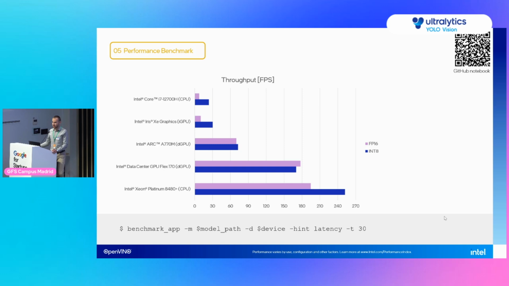So for example, if you provide an Int8 model for a discrete GPU, which is the best for floating point operations, the precision will be automatically converted. It won't give you an error saying it can't run Int8 because it doesn't know how. It will be automatically converted to floating point 16. That's why we cannot see any difference here, because all of them, Int8 or floating point 16, run in floating point on these discrete GPU cards.